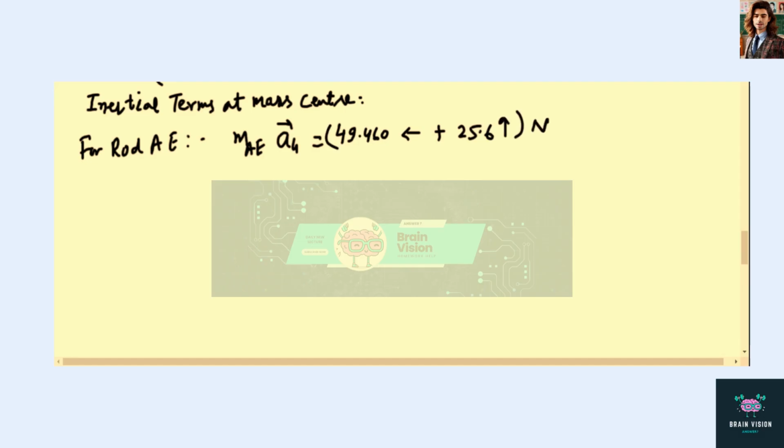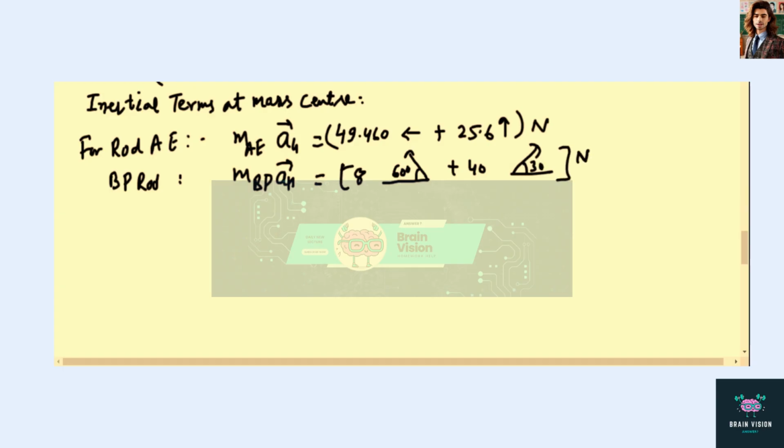Similarly, BP rod having mass of BP into acceleration of H. So this value will be 8 in the direction 60 degree up along the horizontal line and 40 Newton.